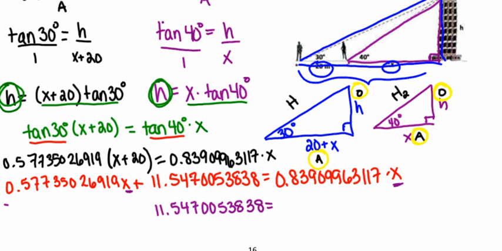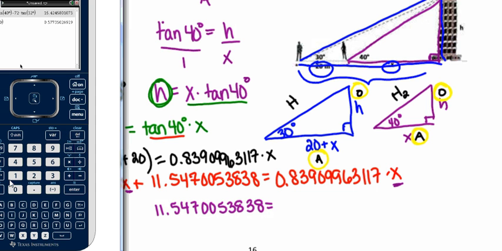But on the right side, when I do the subtraction, I've got to make sure I put all those decimals into my calculator. I want to subtract this 0.577 number I have up here.